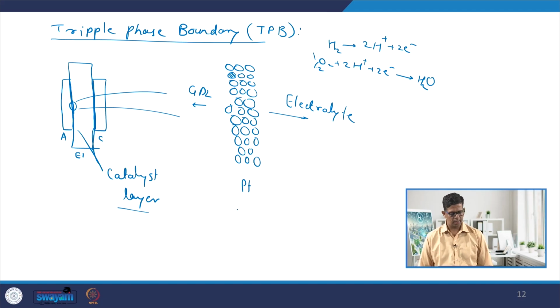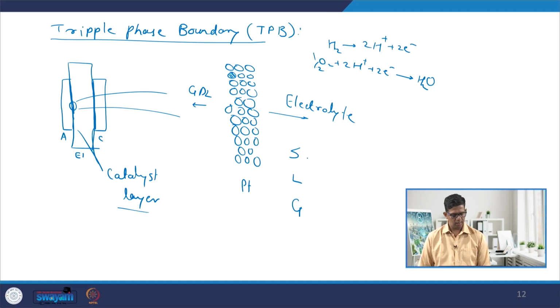As the title says, there are three phases that need to get involved in order to have this reaction or any reaction possible. As we know, any material will have typically three phases, that is solid, liquid and gas. So, if all these three phases are present with respect to different materials at this interface, then and only then the reaction has high probability to initiate there.